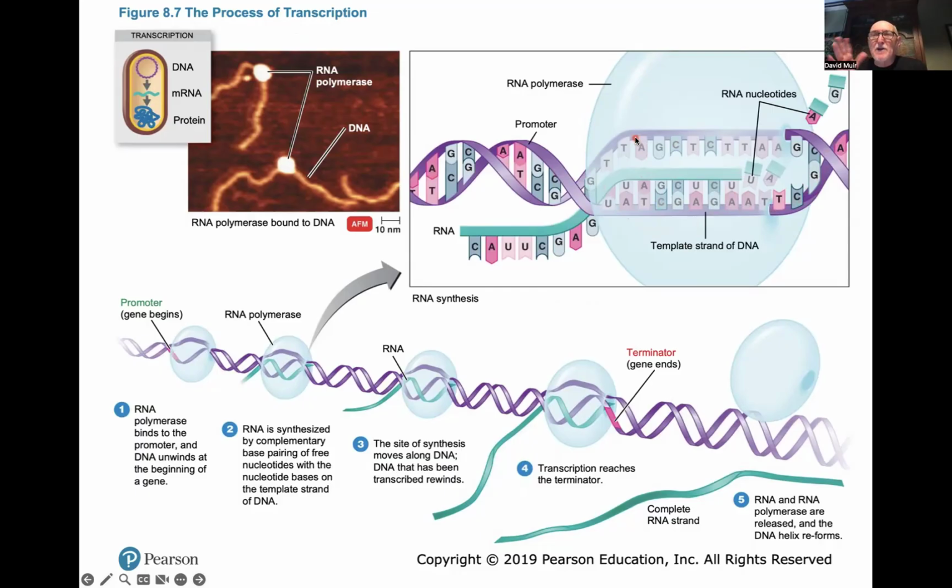And a little bit confusingly, this strand is referred to as the coding strand. What is it coding for? It's coding for the template strand. Remembering that DNA is double and each strand codes for the other one. But in the gene, only one, the template strand, actually contains the useful information.